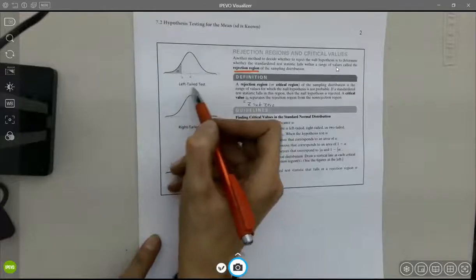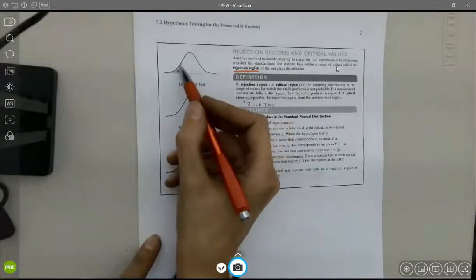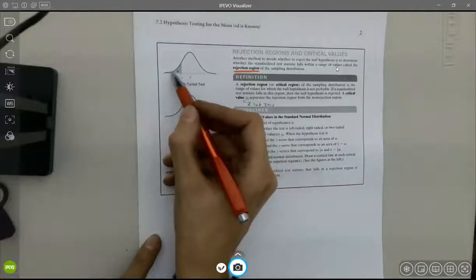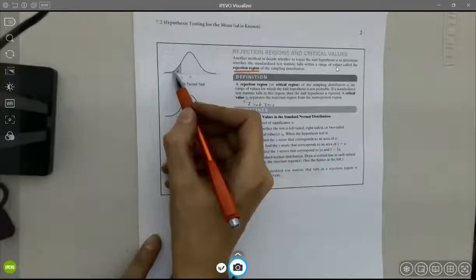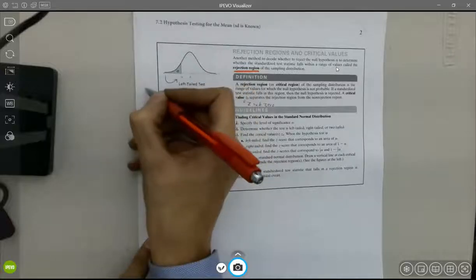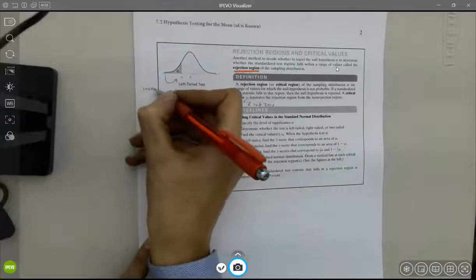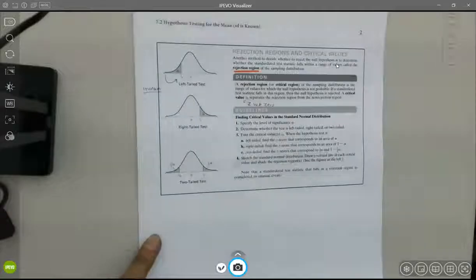So, if you have a left-tailed test, you find the area to the left, and then you use your inverse norm to find ZC.